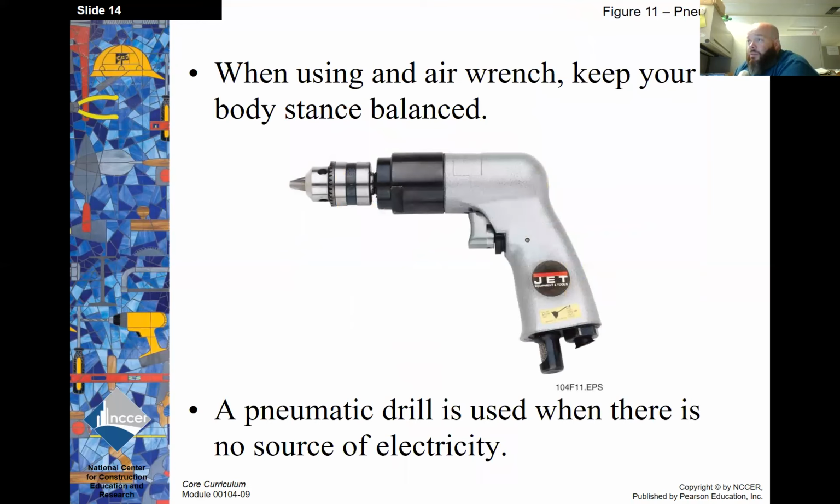Pneumatic drill. When using an air wrench, keep your body stance balanced. A pneumatic drill is used when there is no source of electricity. When you're drilling metal parts with a hand drill, especially a 1/2-inch drill or larger, a pneumatic drill is very nice because an electric drill makes a lot of torque and it can run large bits.